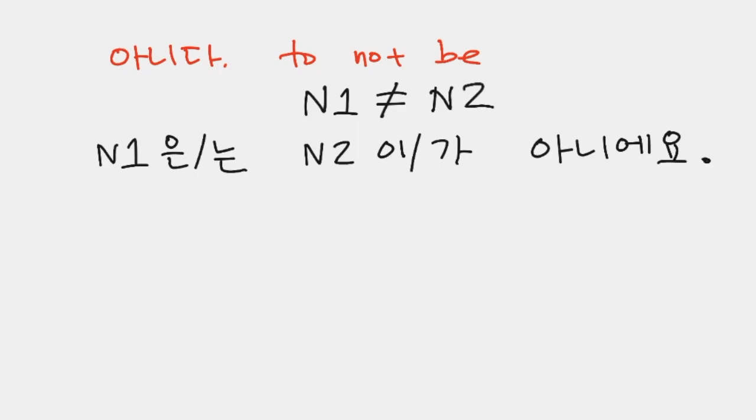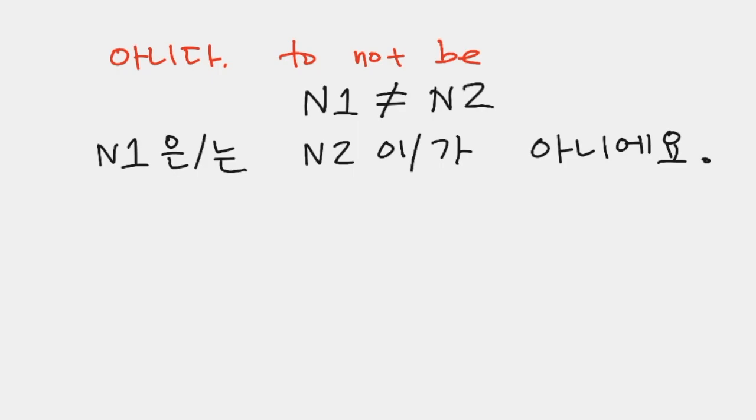So N1, 는 topic particle, N2, 이/가 아니에요. 이/가, we're gonna learn this in 2 weeks, but it's a subject particle. So 이/가 is a subject particle, and then 아니에요. That is a polite form, right? Because it ends with 요. Of course, I'll introduce you to all the different formalities for that.